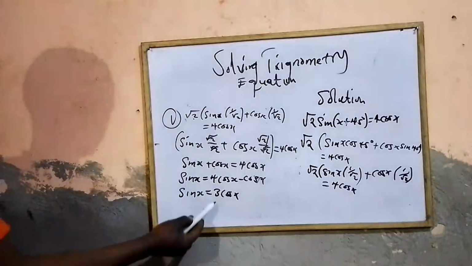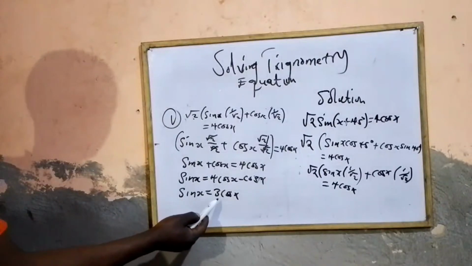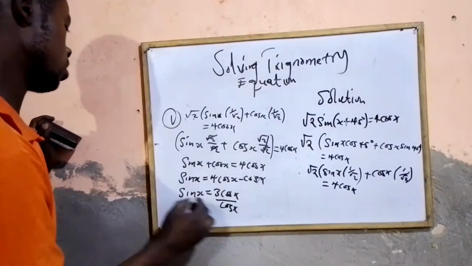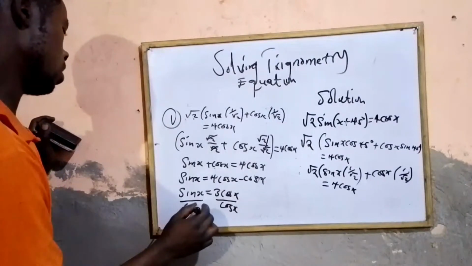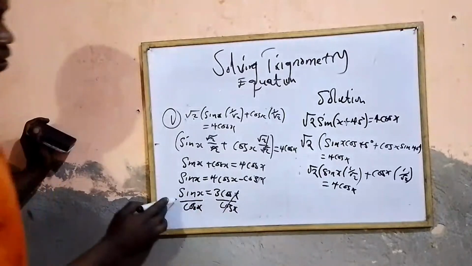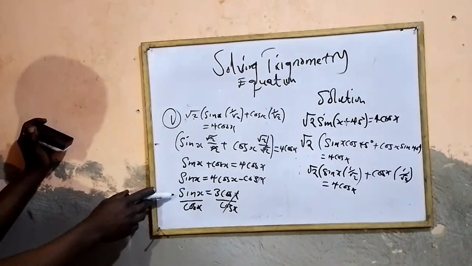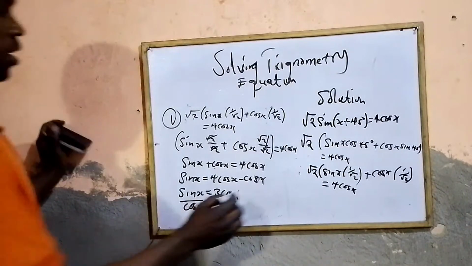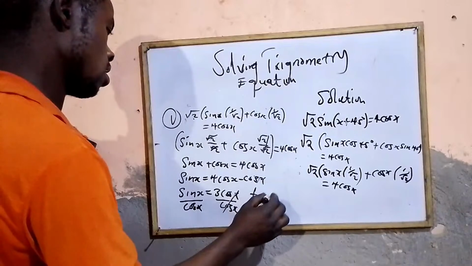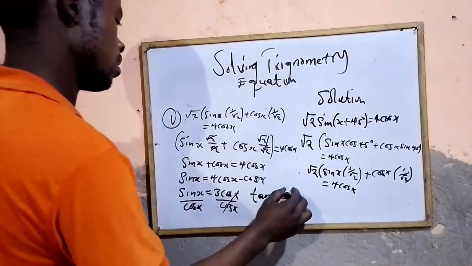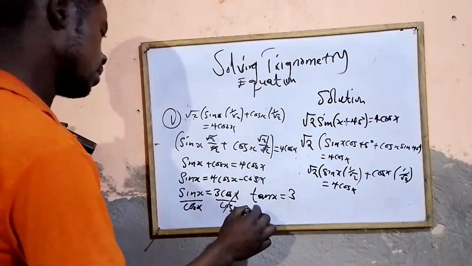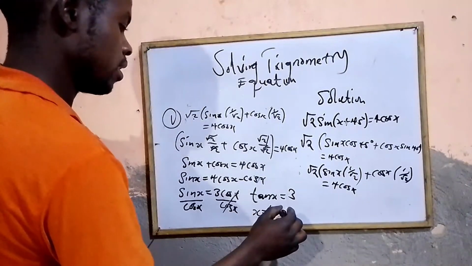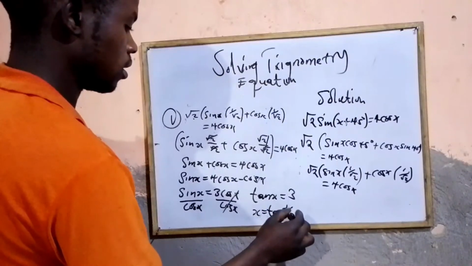If you want 3 to remain on its own, you divide throughout by cos x. We all know that in trigonometric identities, sin x over cos x is tan, so tan x equals 3. Then x equals tan inverse of 3.